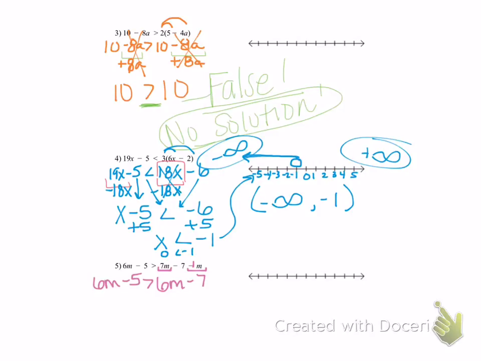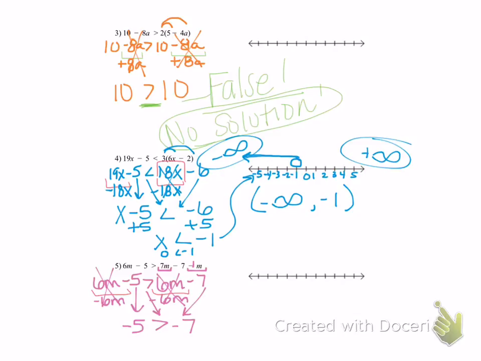Now we can see we've got a 6m over here and a 6m on the other side. So we've got variables on both sides. Let's simplify it. Let's bring over that 6m, so minus 6m on both sides. These cancel out, and these cancel out too. So we bring down negative 5, we bring down my inequality symbol, and we bring down my negative 7.